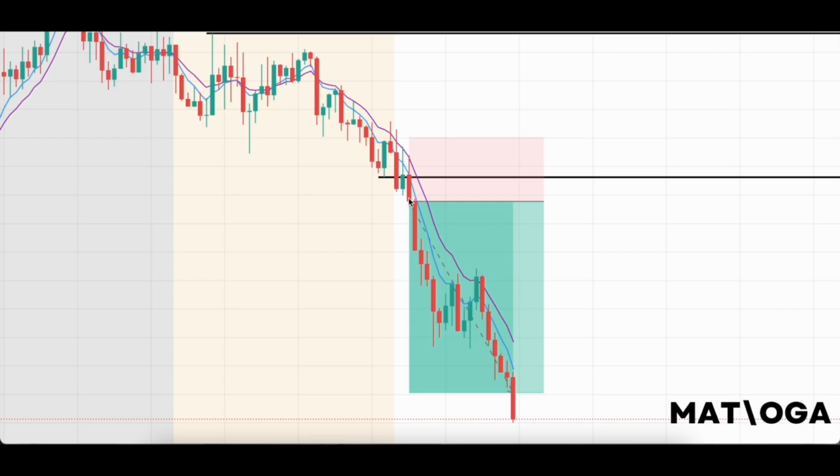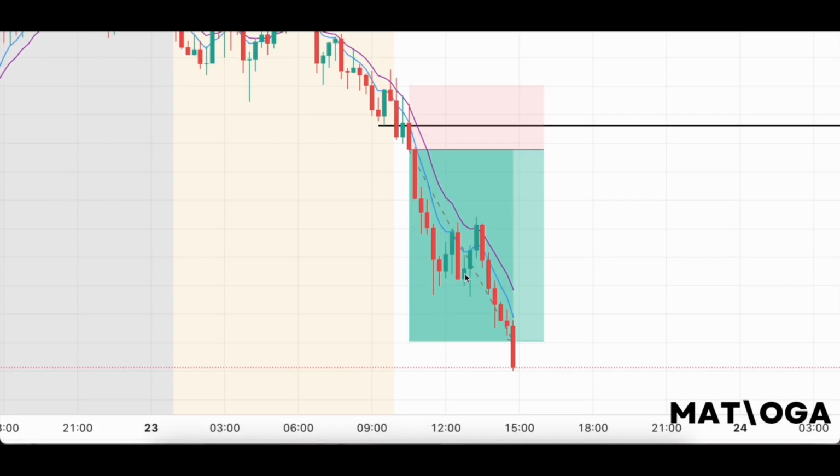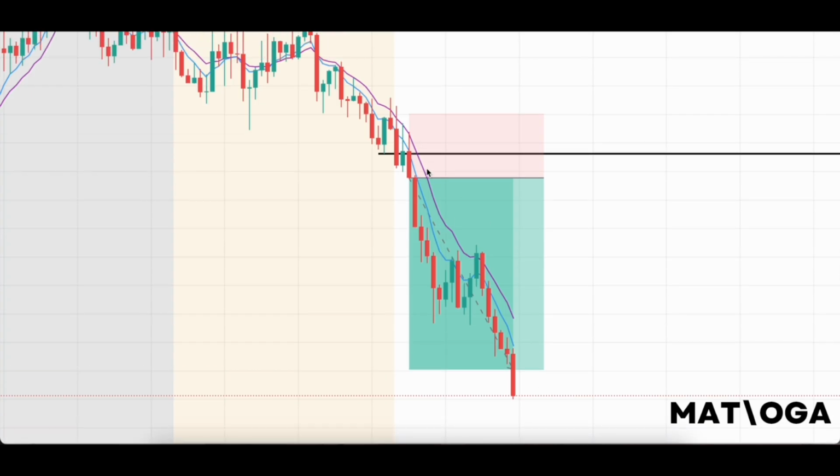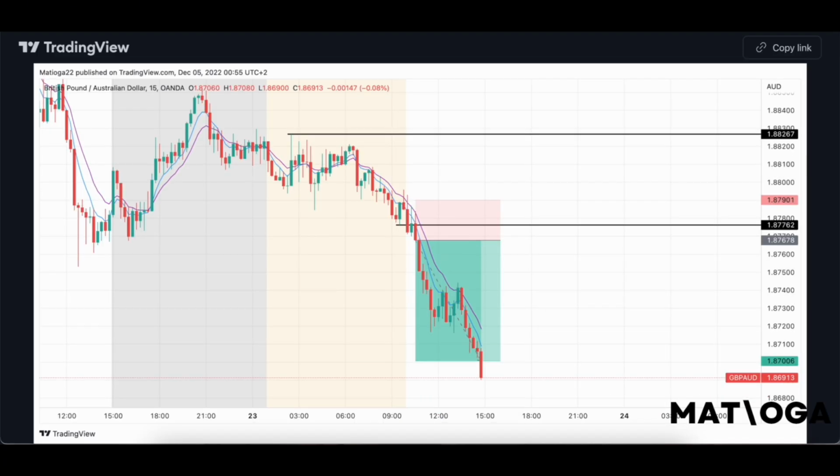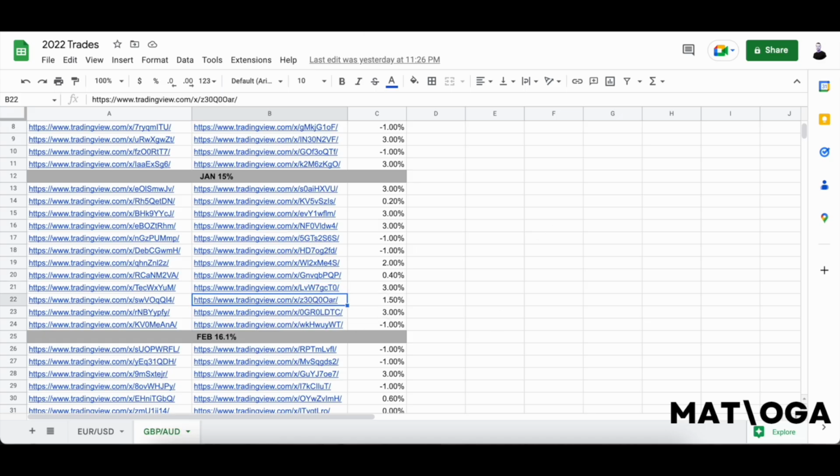So we took a short, stop loss just a bit above the high of this candle, and it's basically straightforward, moved all the way to the downside without giving us any nerve-wracking experience. It's completely straightforward, dropped all the way to the take profit area.